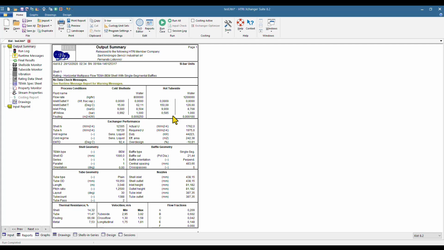This could be a possibility, but take into account that starting from 2 tube passes to go to 4 tube passes would mean to multiply the pressure drop by 8, because generally speaking, when the motion of the fluid on the tube side is turbulent, the pressure drop is proportional to the square of the velocity, and therefore just to change from 2 to 4 tube passes would mean to multiply by 4 the pressure drop, and then you multiply by 2 also the length, so it's 8 times.